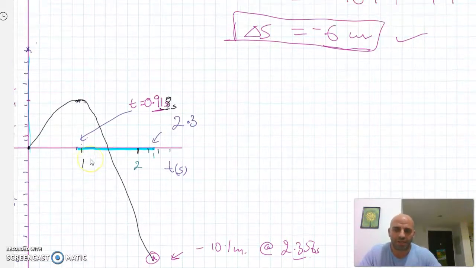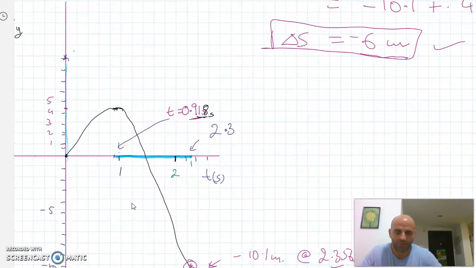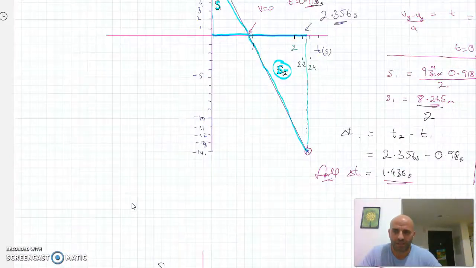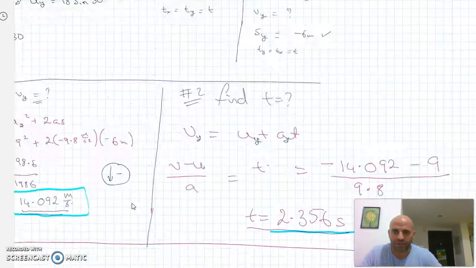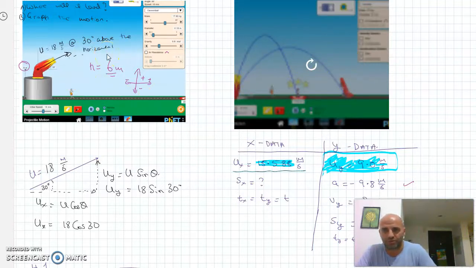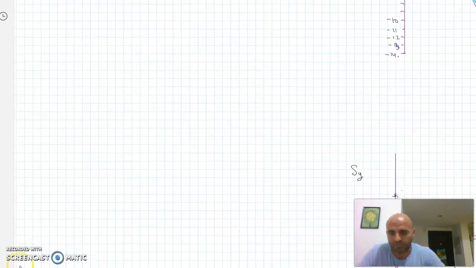So you'll notice that the actual curve of the displacement time graph will look pretty much identical to the trajectory of the actual ball itself, the cannonball itself. So the trajectory would look something like this. This is going to look something like that, and this is going to look very, very similar to that.